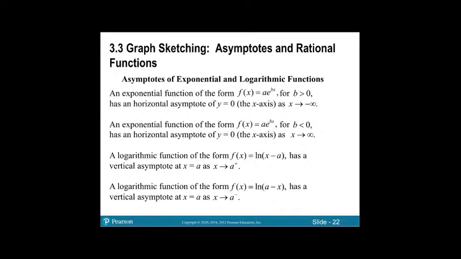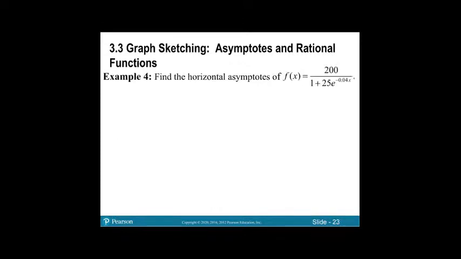Find the horizontal asymptote as x goes off to positive infinity. Let me think about it. I'm just going to focus on this term here. If we focus on this 25 e to the negative 0.04x, I want to consider that as x goes off to positive infinity.